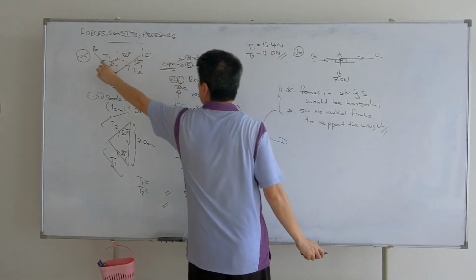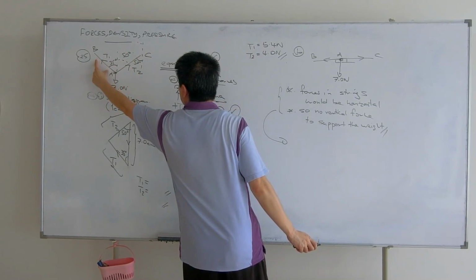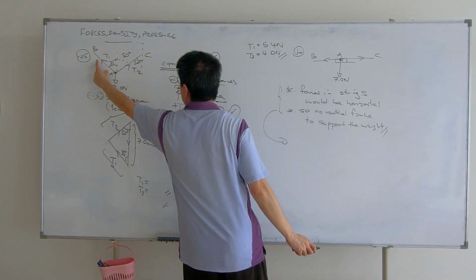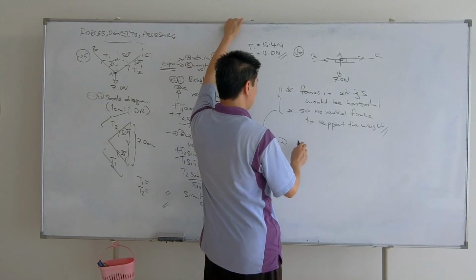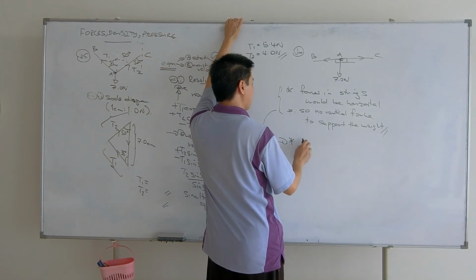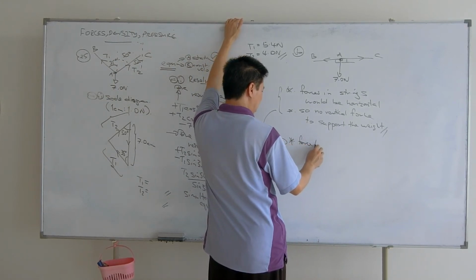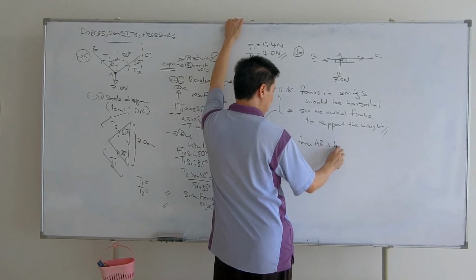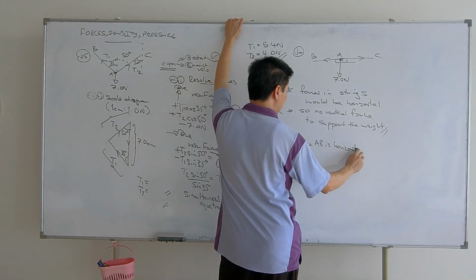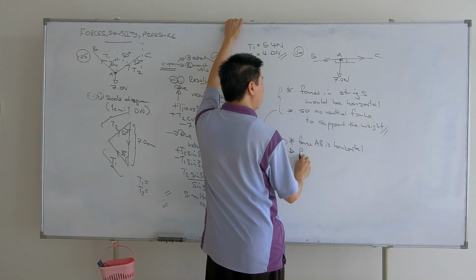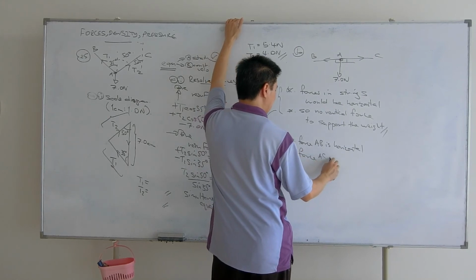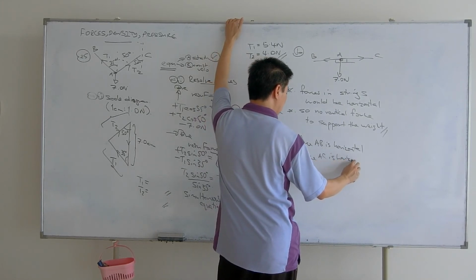If you don't know what to write, here, force AB is at an angle, so you can just straightforwardly write down: force AB is horizontal. Force AC is horizontal.